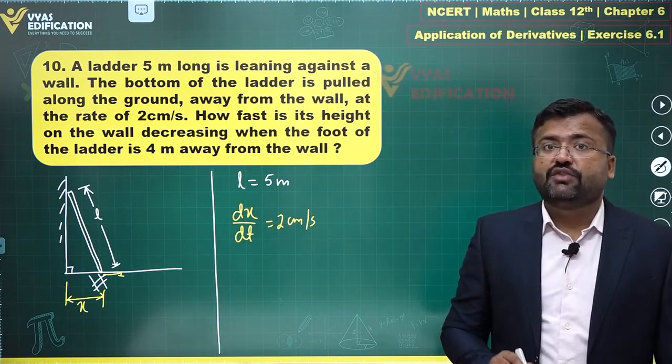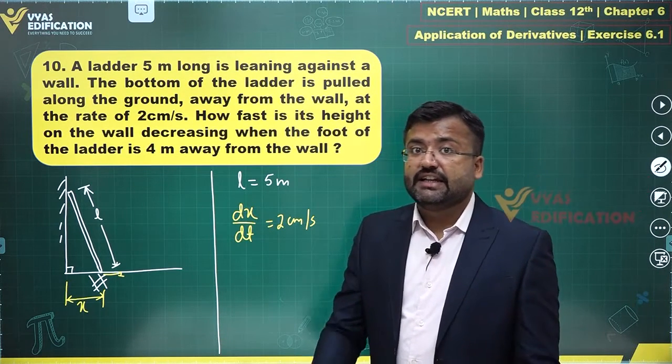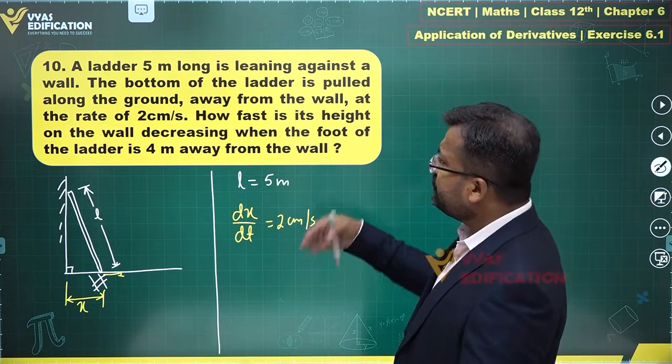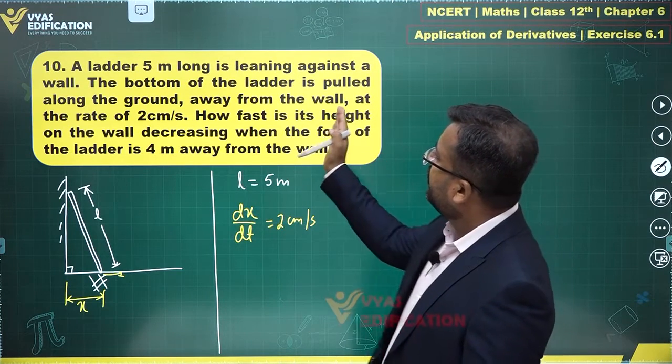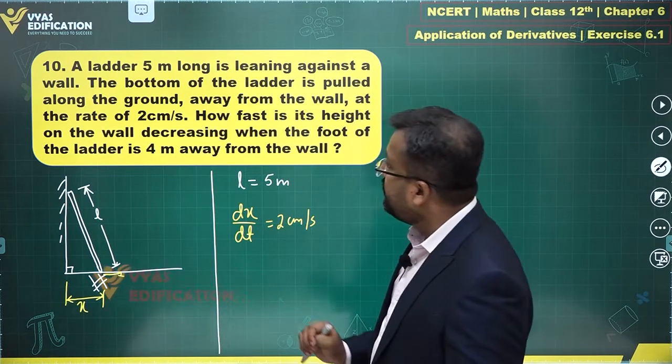That's an important observation. If you observe this carefully, you can solve this question easily, right? Next, let's move on to the next statement. Away from the wall at the rate of 2 centimeter per second, x is increasing, so there will be plus.